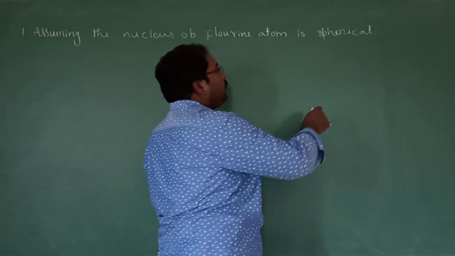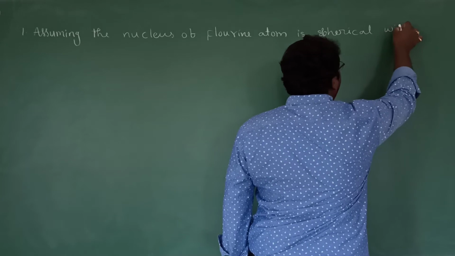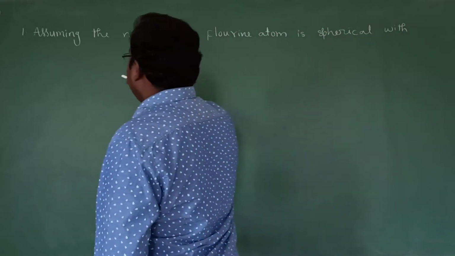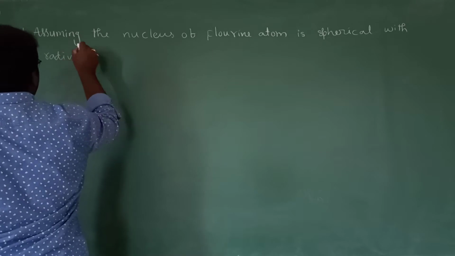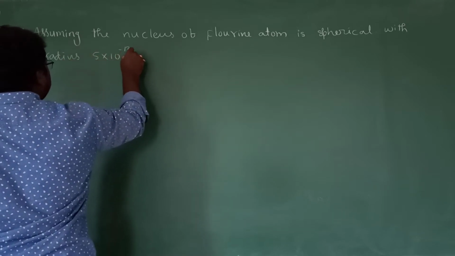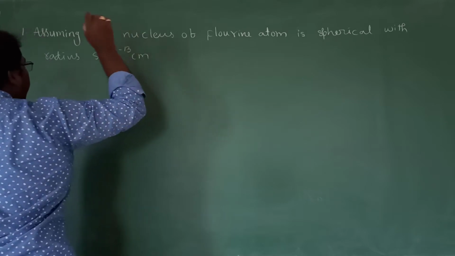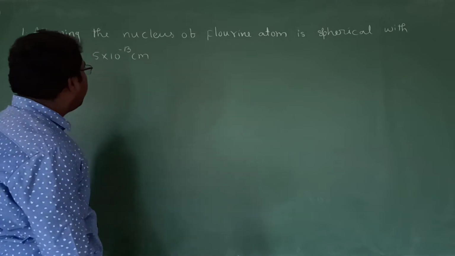Assuming the nucleus of the fluorine atom is spherical with radius 5 into 10 to the power minus 13 centimeter. Okay, the radius of the fluorine atom was given.